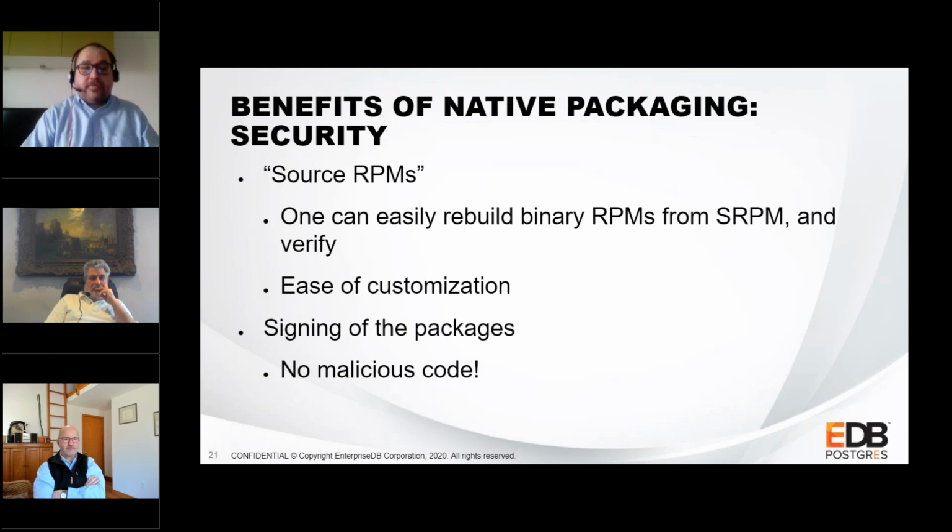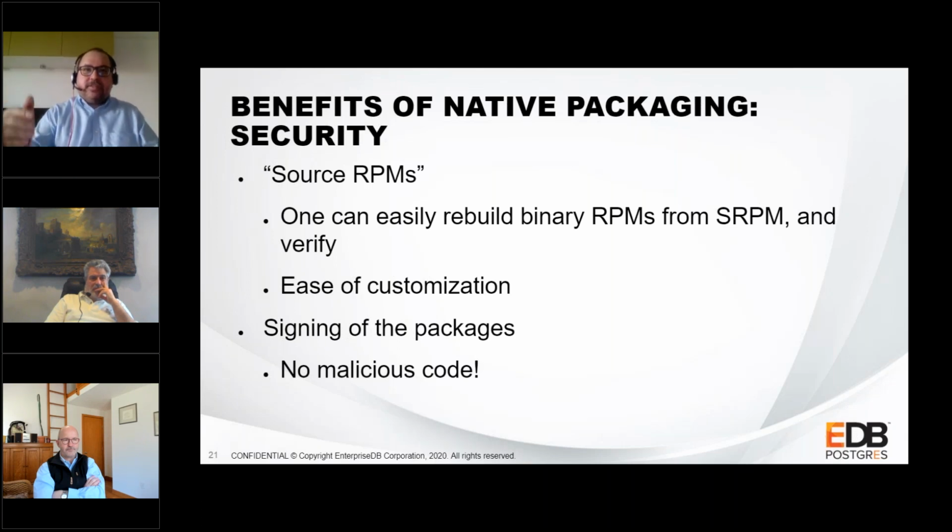It also gives you ease of customization, because since we are working for the whole user base with native packaging, we try to add lots of options to the RPMs or Debian packages. However, in your case, you may want to compile Postgres with another option or parameter which is not enabled by default, or which is disabled by default.